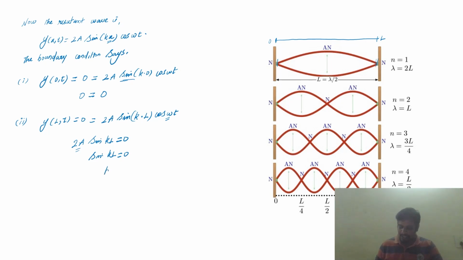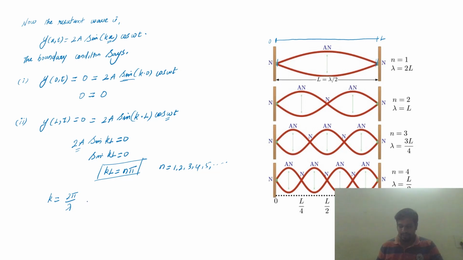So the boundary condition says kL equal to n pi, because sin pi, 2 pi, 3 pi all go to 0. If n equal to 1, 2, 3, 4, 5, all the values, this function goes to 0. If this condition is true, then at x equal to L the wave amplitude is 0. We already know the wave number k equals 2 pi by the wavelength lambda.